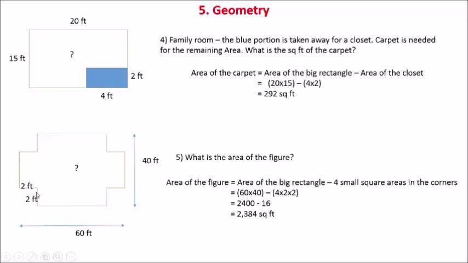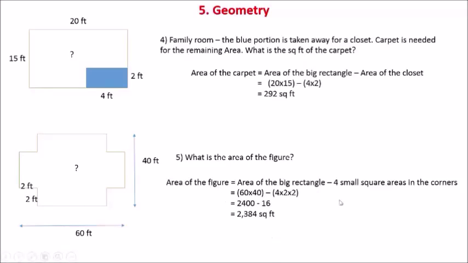The area of this square, you know what it is, right? It's a square with side 2 feet, so 2 times 2, 4 square feet. So I've got 4 square feet at each corner, cut out of this big rectangle.